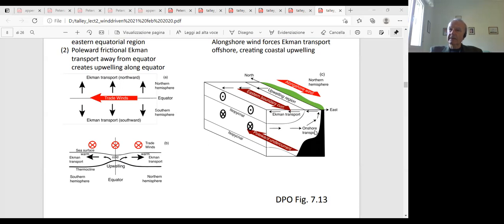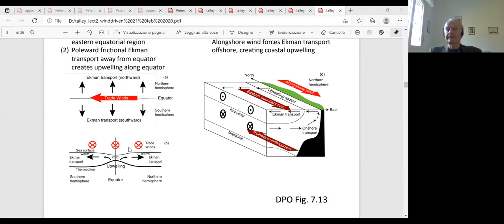When you have the divergence, or when you have the water loss in the coastal area, the sea level is sloped down. At the same time, as you can see here, the isopycnals or the thermocline is sloped up.